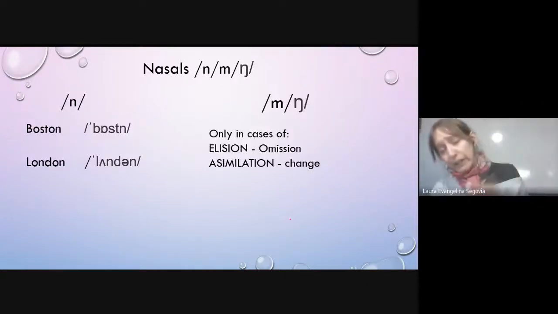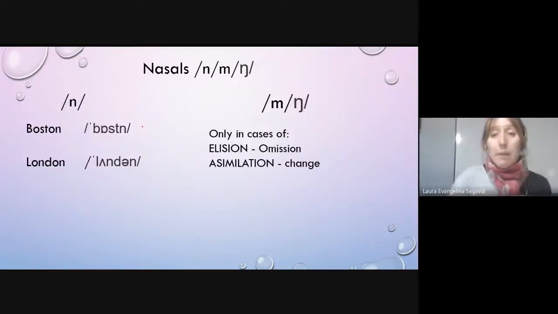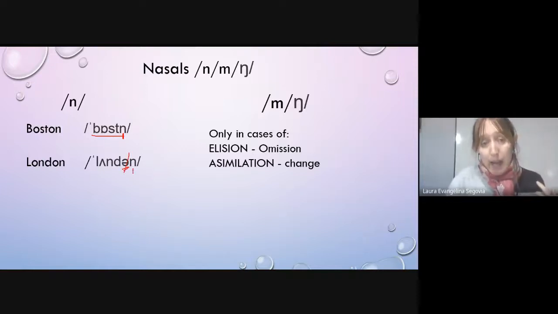And the turn with the nasals is we have the n and ng, yes? The example of Boston, the n here, the syllabicity. London here, we omit the schwa and we make this n syllabic.